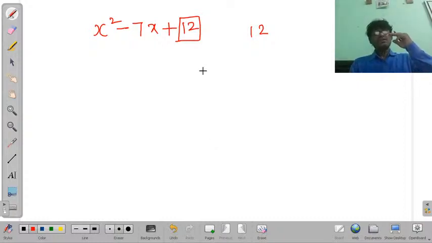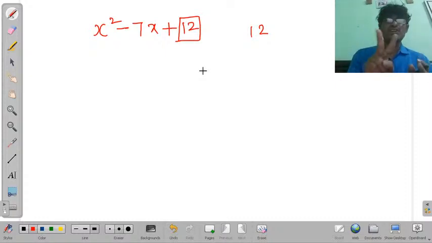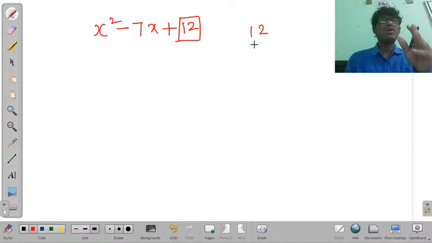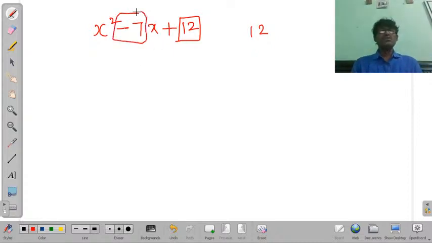Now you have to take all the factors of 12. This factorization can be done in two ways. I am saying one method here, and after the completion of this, I will do another method also. In the first method, you take all the factors of 12 and the sum of those factors must be equal to this one, negative 7.